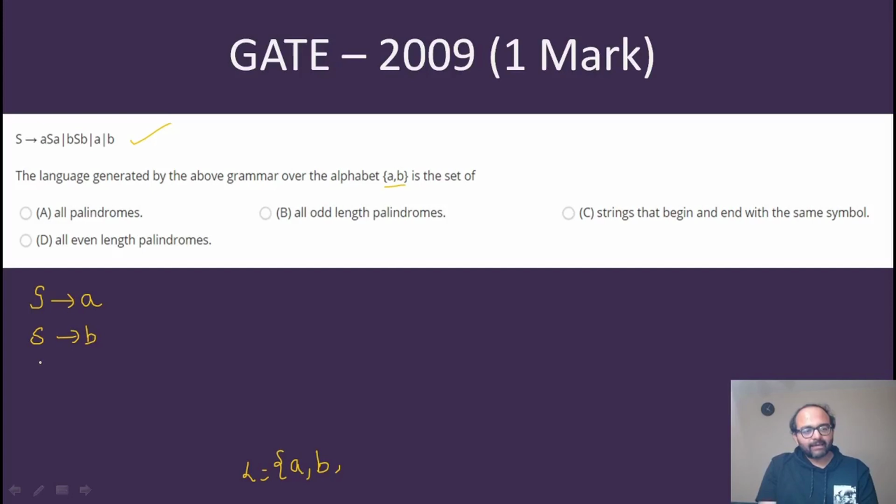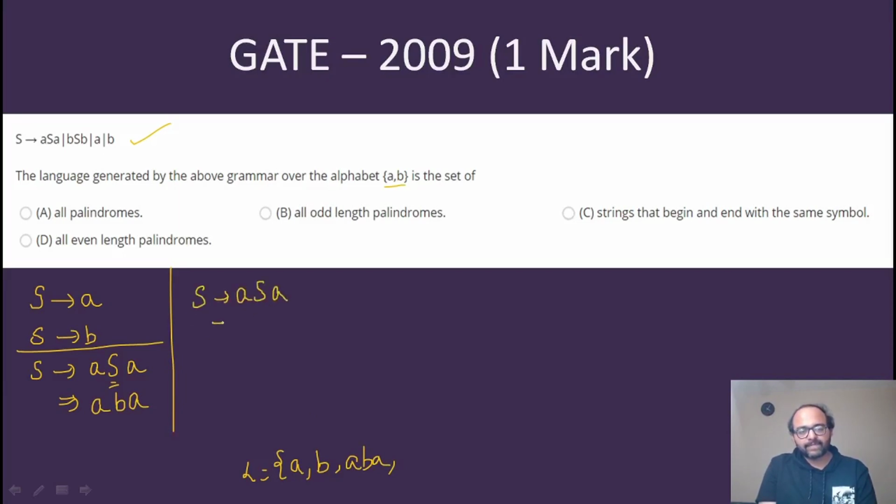And S tends to aSa, so you can see here S can be replaced with b, where you can write aba. Similarly S can be replaced with a also, so you will be able to generate a string like aaa.